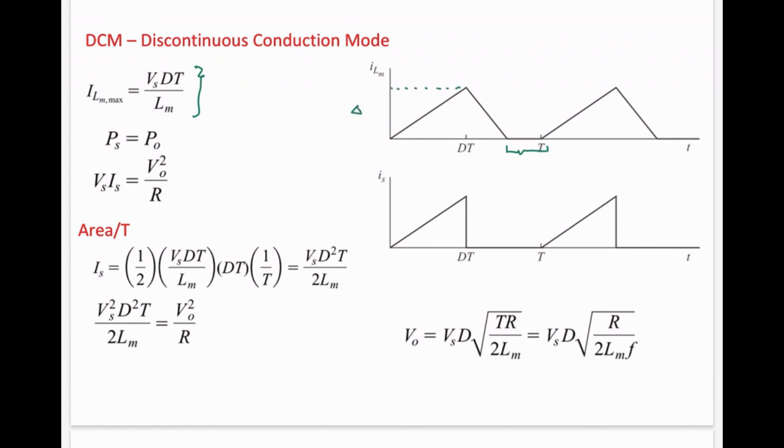In this case, this is delta ILM. And if we calculate the maximum value in the interval when Q is in the on state, this will be equal to ILM maximum, and that we have already seen is equal to Vs dt by Lm.